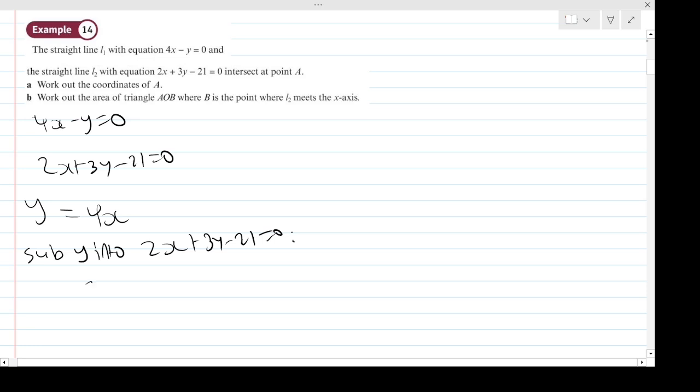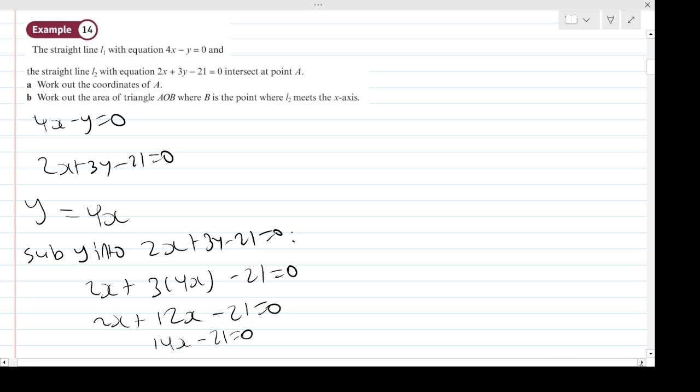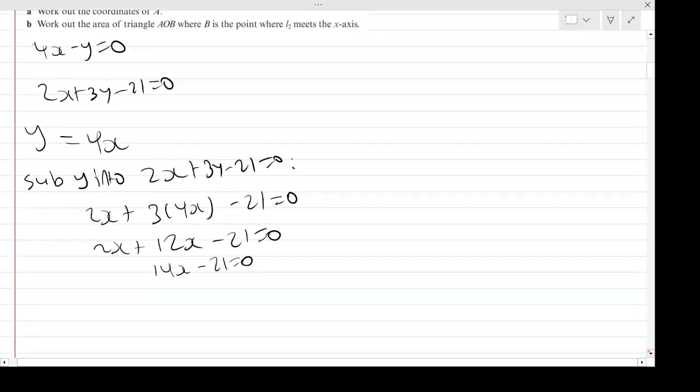Then I'm going to get 2x plus 3 lots of 4x, minus 21 equals 0. Then I have 2x plus 3 times 4x, which should be 12x, minus 21 equals 0. That means 14x minus 21 equals 0. Then I get x is 21 over 14, which should be 3 over 2, I believe.